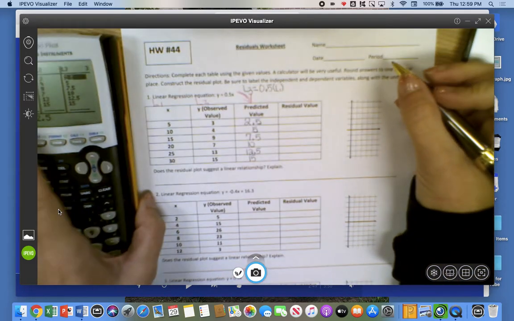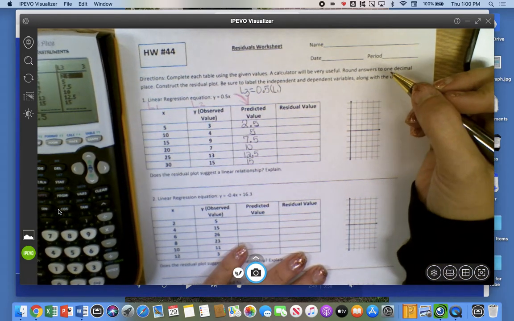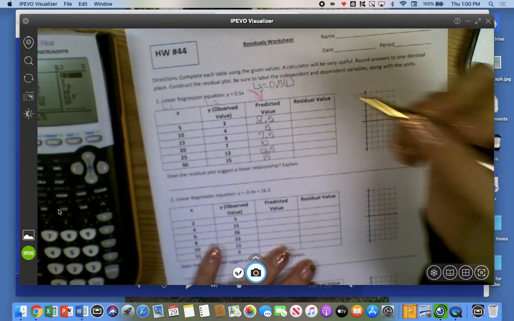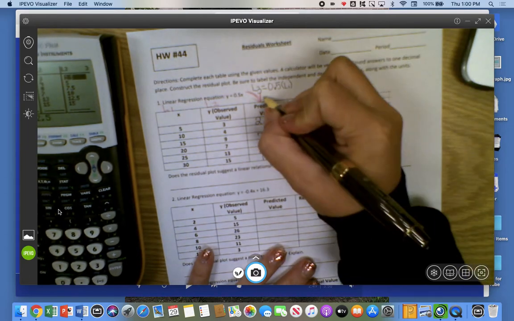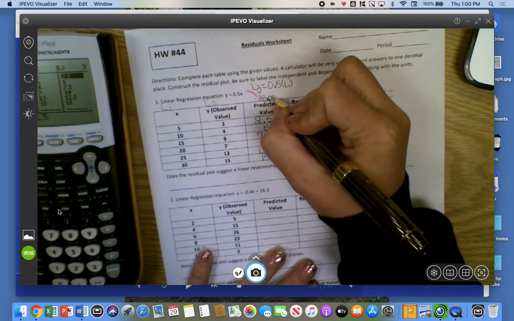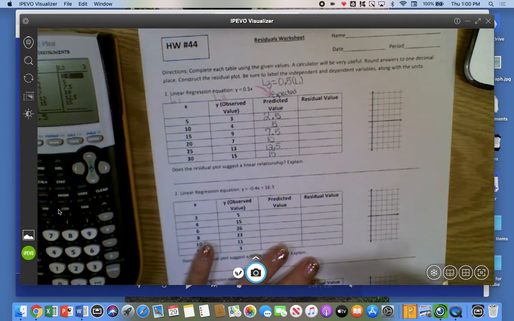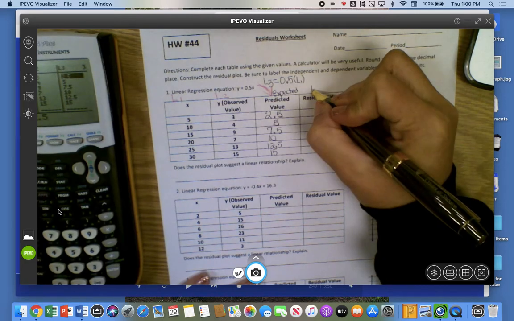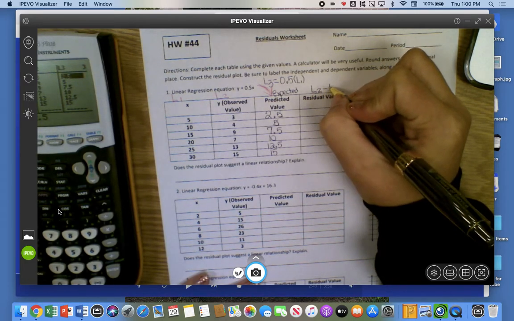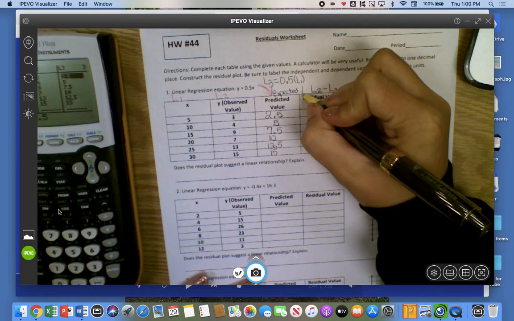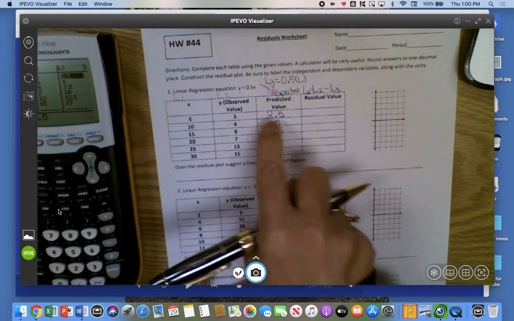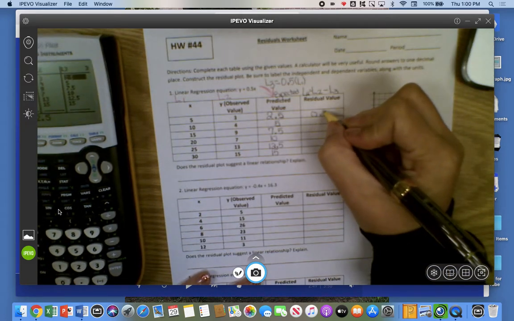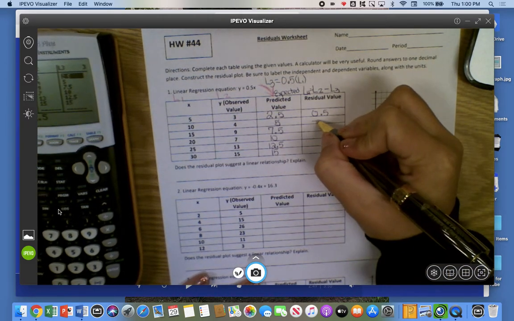The residual comes from the observed minus the expected or predicted. Sometimes the predicted value is also called the expected value. If you hear both of those words, they mean the same thing. So to get the residuals, we take the observed minus the predicted. In L4 we could subtract these: 3 minus 2.5 would be 0.5, and 4 minus 5 would be -1.